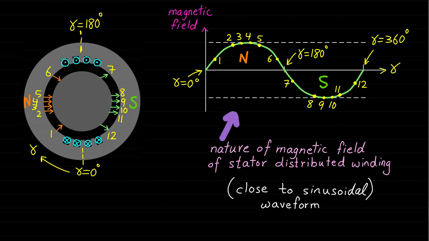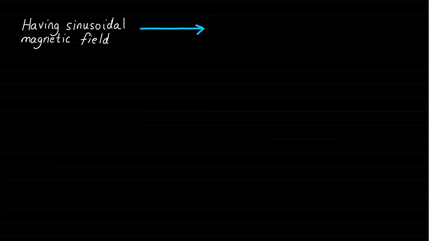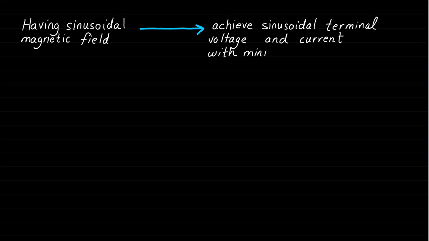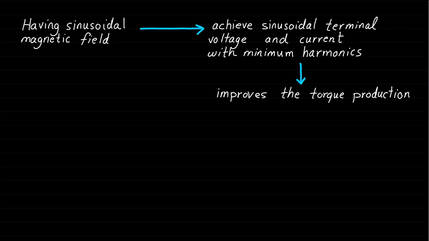It is very important to know that having a sinusoidal magnetic field distribution is essential to achieve sinusoidal terminal voltage and current with minimum harmonics. Also, the sinusoidal magnetic field distribution improves the torque production of the machine because it avoids the unwanted pulsating torque components that can be produced if the magnetic field has harmonic components.